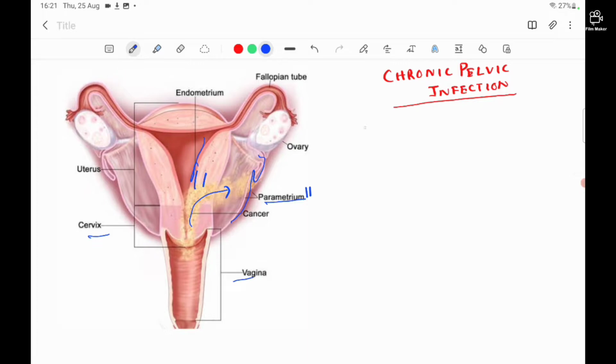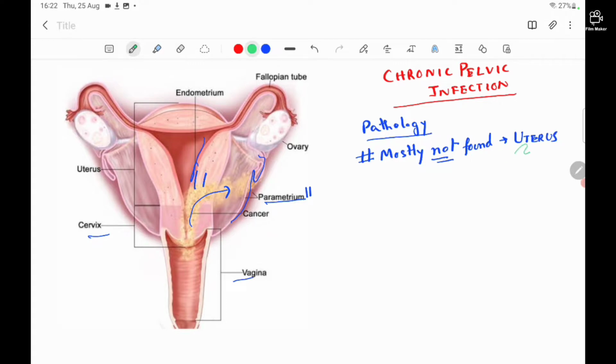Let's come to chronic pelvic infection now. So the pathology: this is mostly not found in the uterus.